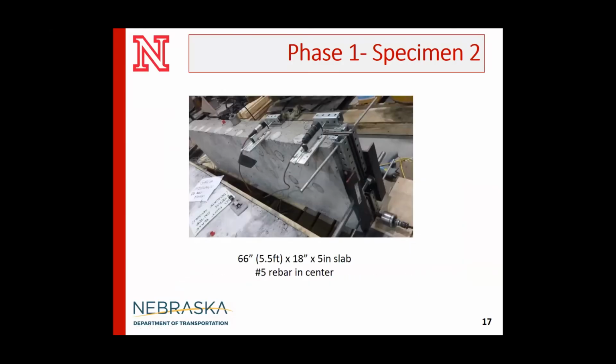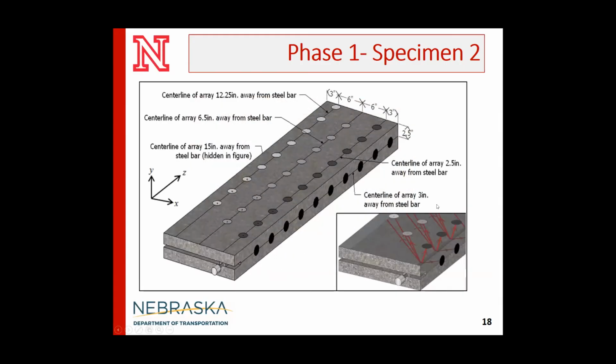So the very first specimen was small. It was a spot check. Then we cast a larger specimen, recreated that delamination scenario, and looked at different arrays of sensing points to see where we can go. And this was still phase 1. And of course, the measurement gets a little bit more complicated.